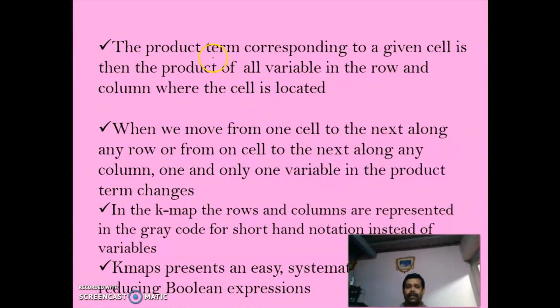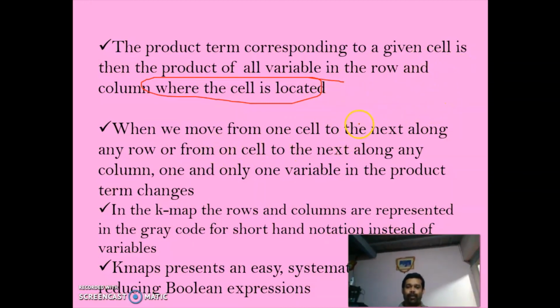The product term corresponding to a given cell is then the product of all variables in the row and column where the cell is located. So the product term of a particular cell is nothing but the product of the variables in the particular row as well as the particular column.